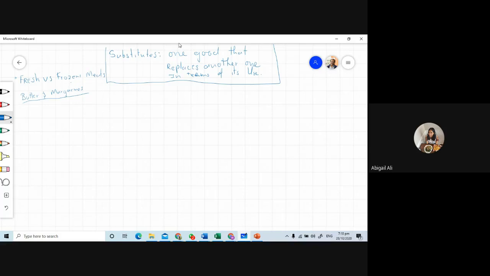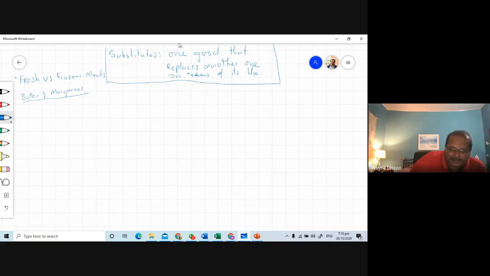It's actually made from vegetable extracts, which are oils from vegetables and plants, and butter is made from the buttermilk that is extracted from cows. So this is an animal source, and this is a plant source.